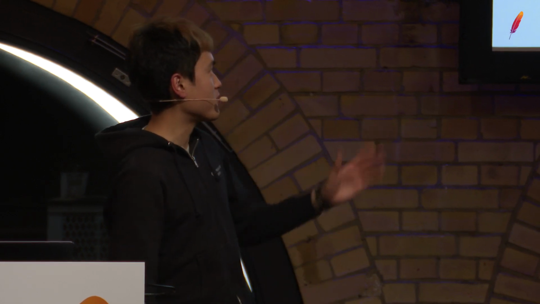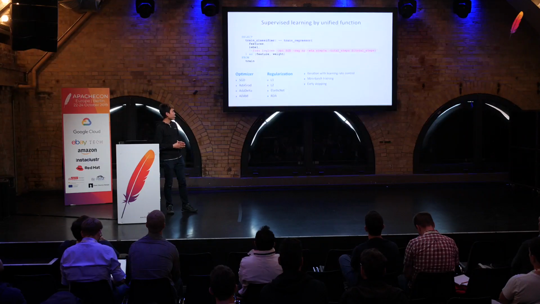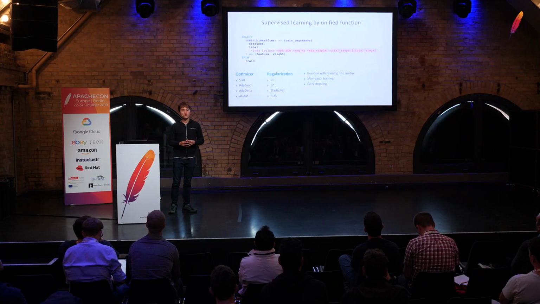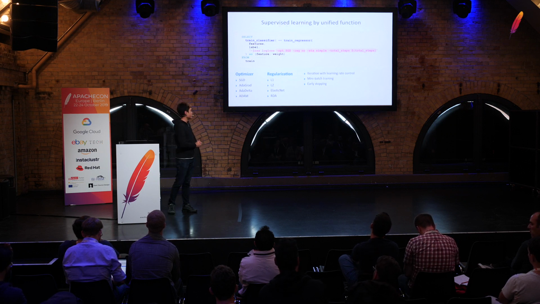Also, in order to make the model more robust for unforeseen future data, there's a technique called regularization, and we provide multiple options for it as well: L1 regularizer, L2 regularizer, elastic net, RDA, and so on. You can also configure the learning rate, how the model is trained iteratively. You can configure those advanced parameters inside the options.